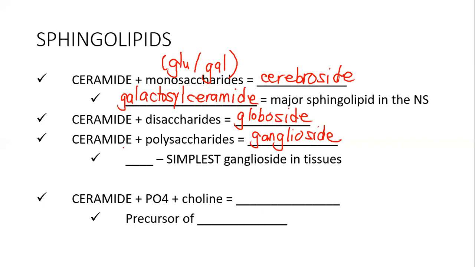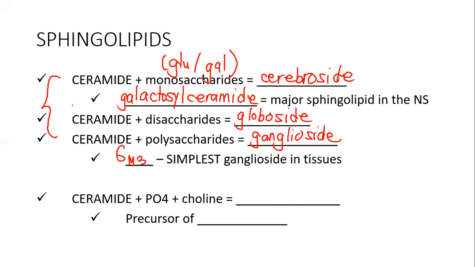So class, take note, an example of ganglioside would be GM3. GM3 is considered the simplest ganglioside in tissues. Okay, so all of these, monosaccharides, disaccharides, and polysaccharides, what do they have in common?